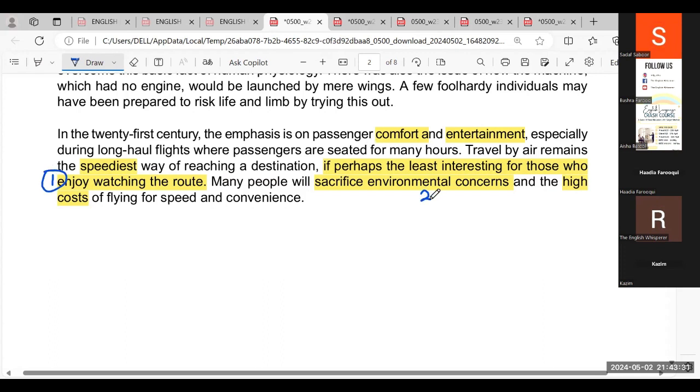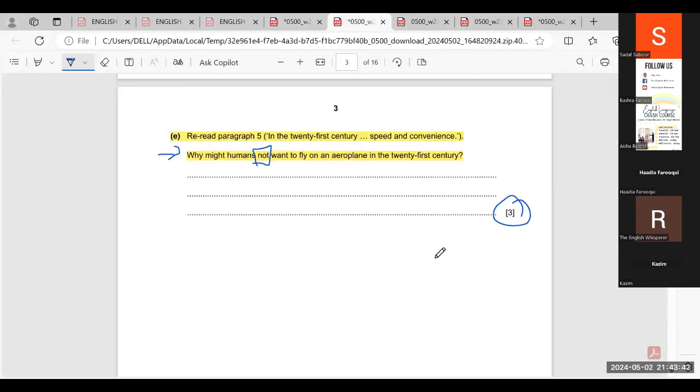People have environmental concerns. 2nd, and the high cost. 3rd. So these questions are tricky because the answers are there, but the question is phrased in a way that it may take time for students to make that connection.